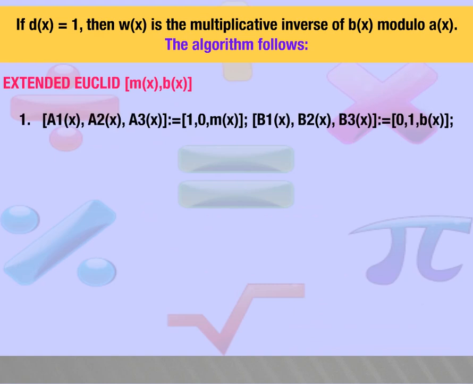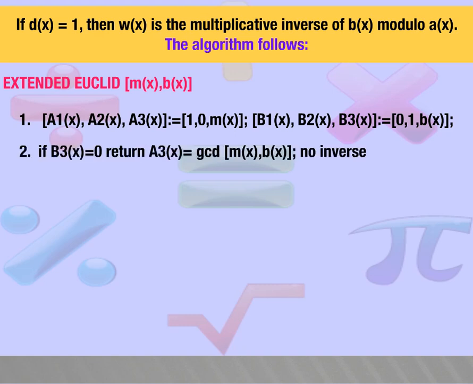Initialize (a1(x), a2(x), a3(x)) = (1, 0, m(x)) and (b1(x), b2(x), b3(x)) = (0, 1, b(x)). If b3(x) is equal to 0, return a3(x) = GCD of m(x), b(x); no inverse.